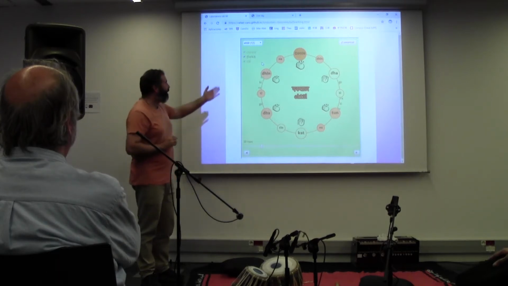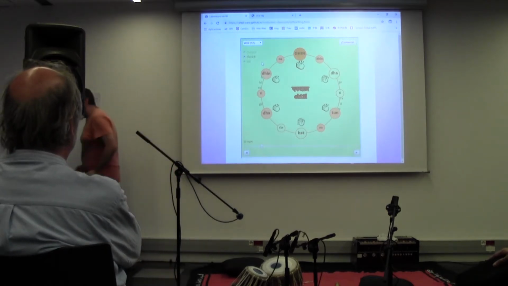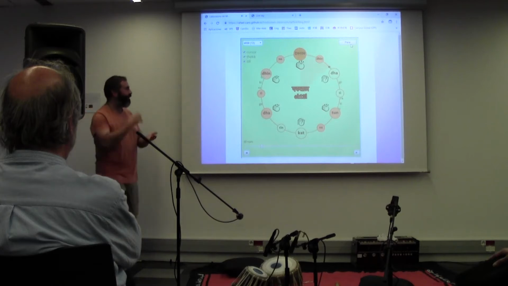And then the theka is a bit more complex. But the idea would be okay.